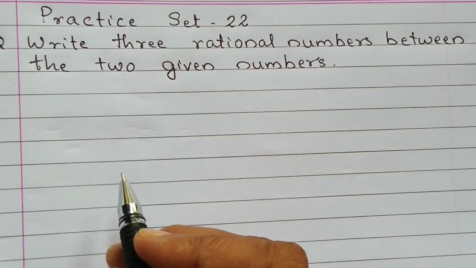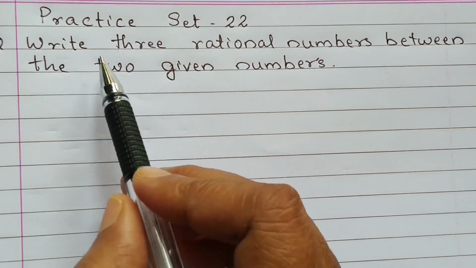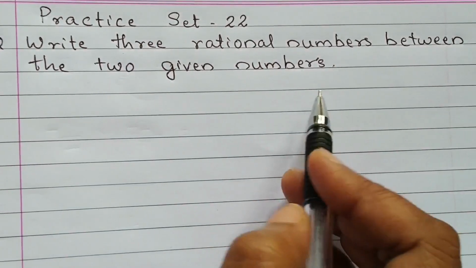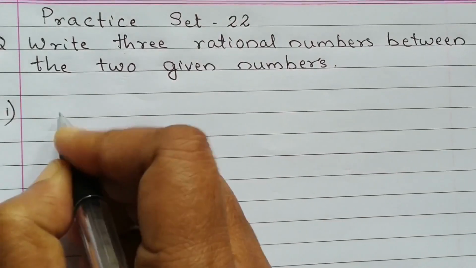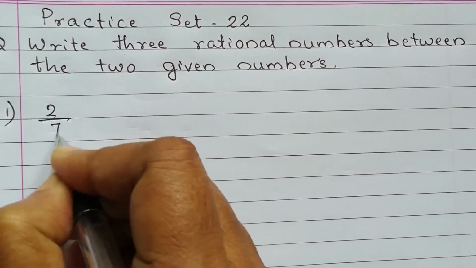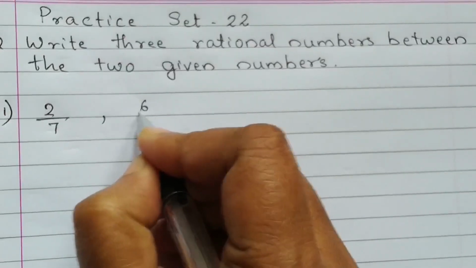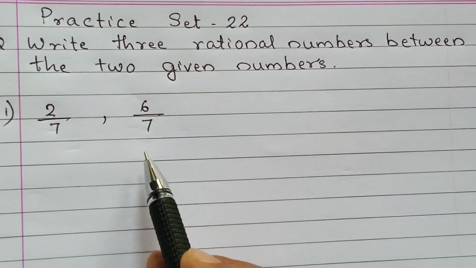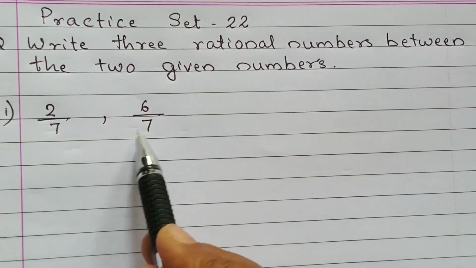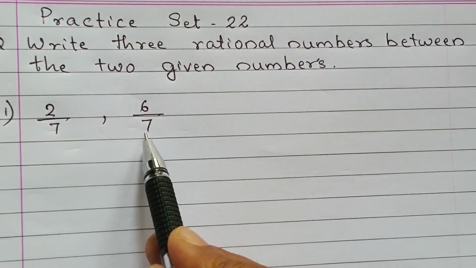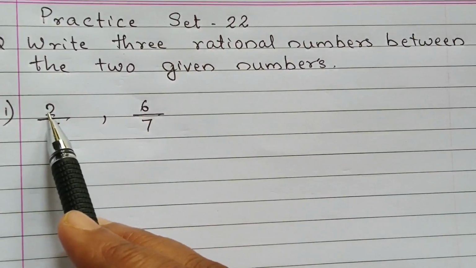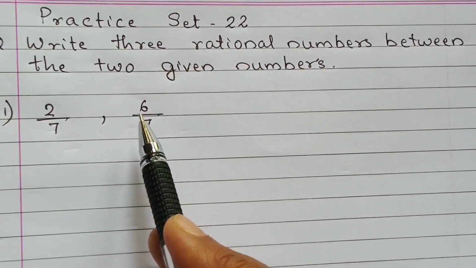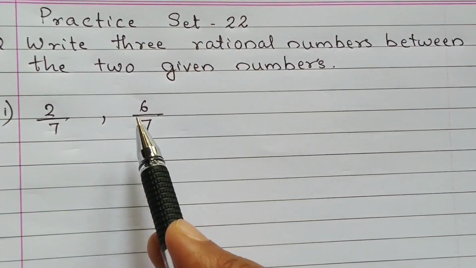Now let's take practice set 22. The question is, write 3 rational numbers between the two given numbers. The first question is 2 upon 7 and 6 upon 7. Now 2 upon 7 and 6 upon 7 are like fractions. That means they have the same denominators. And you can see that between the integers 2 and 6 there are numbers 3, 4 and 5.